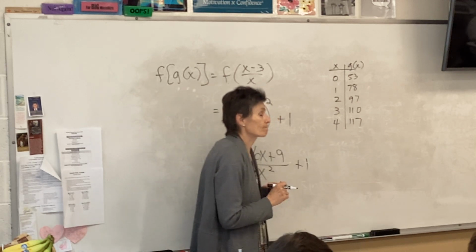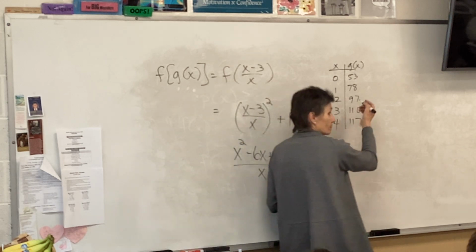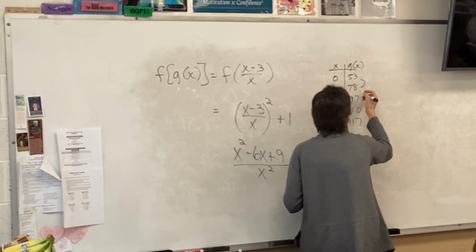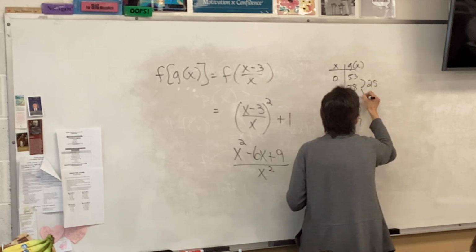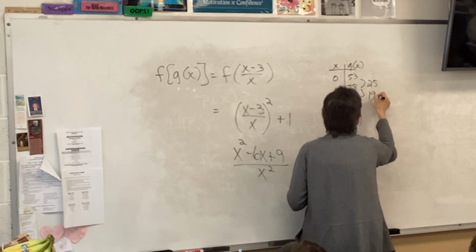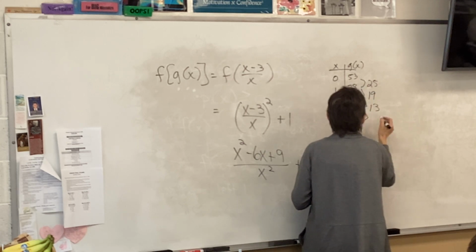Xander? When I looked, I just found the difference between the values. So this one is 25, 25, 19, 19, and 7. What's this one, 13, and 7?